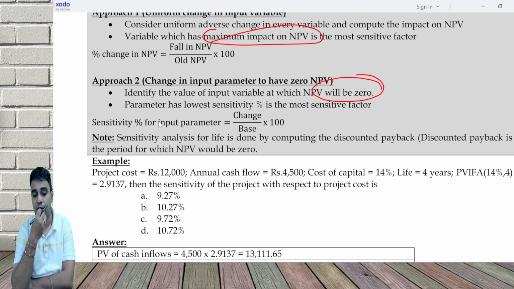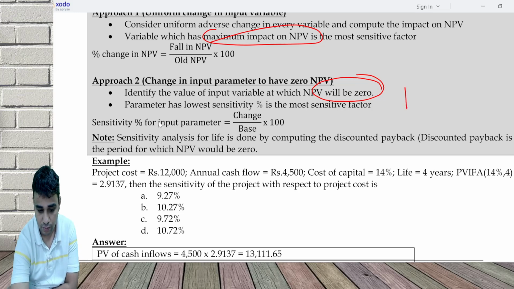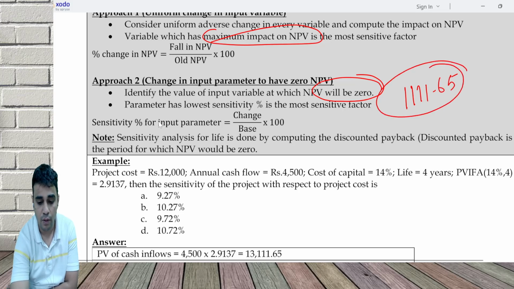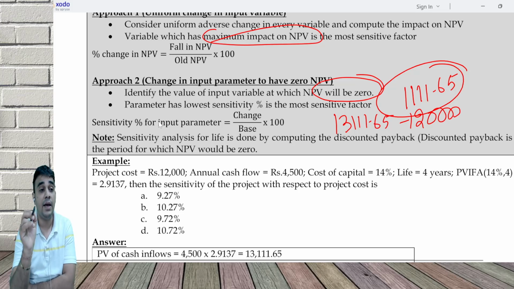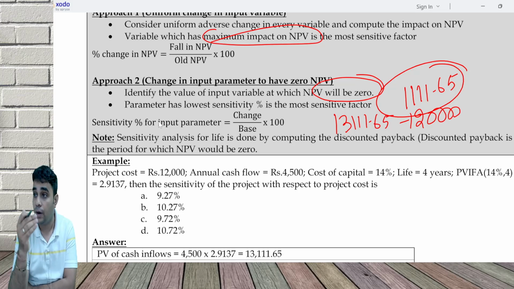Quickly tell me the NPV of the project. 13,111.65 minus 12,000.